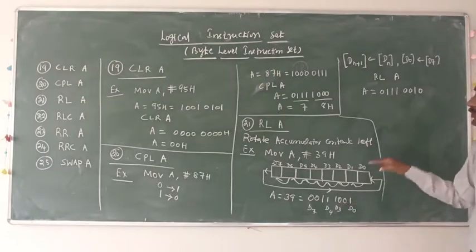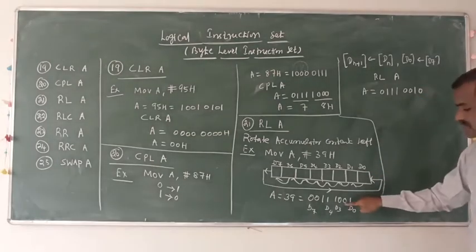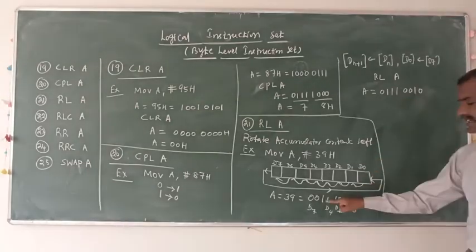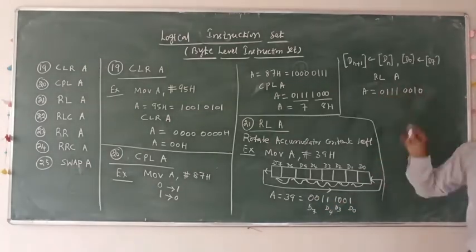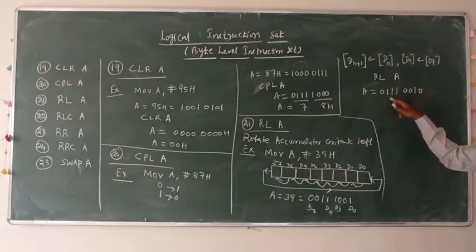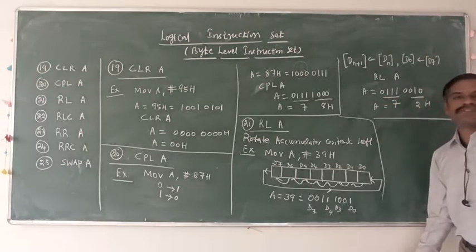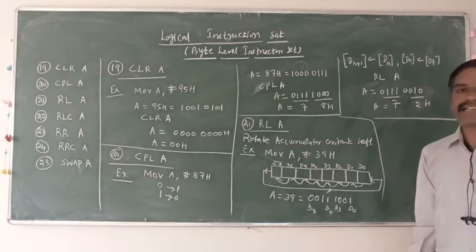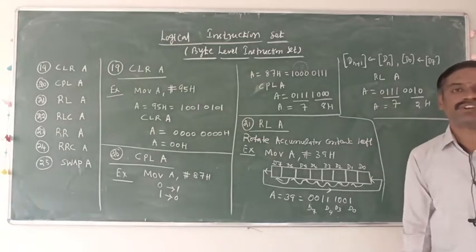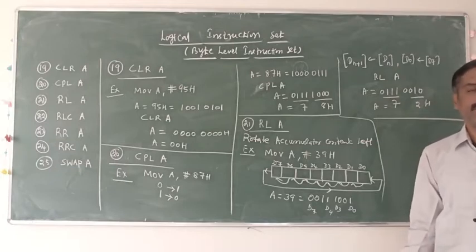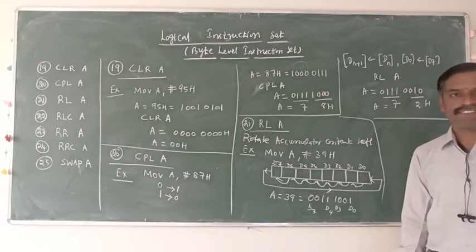D6 position data moves to D7. After RL A, the accumulator result is 72H in A register. This is the operation of rotate accumulator content left without carry. Without carry, it moves a single bit towards the left side.